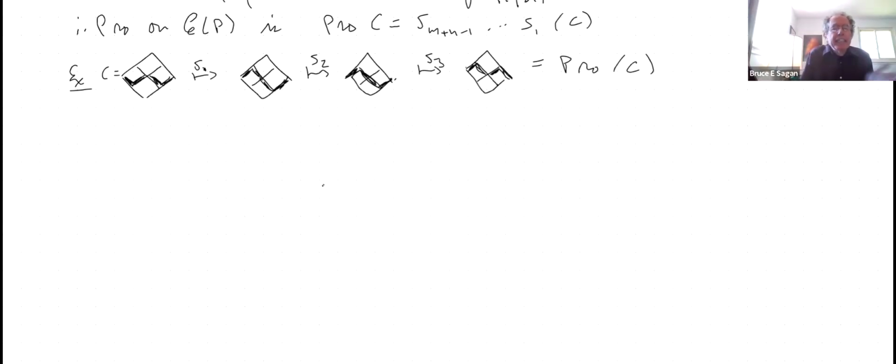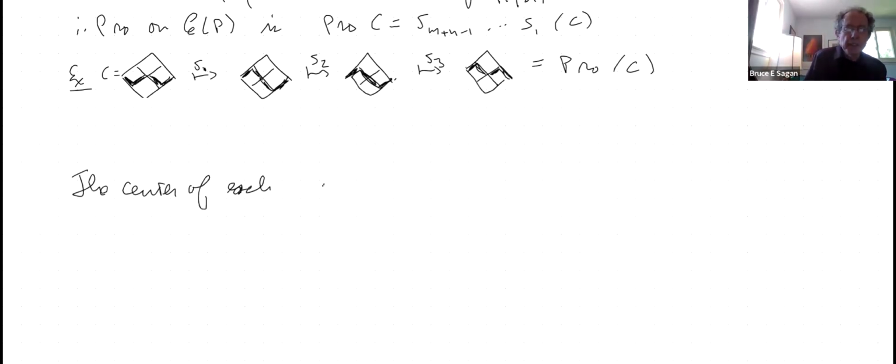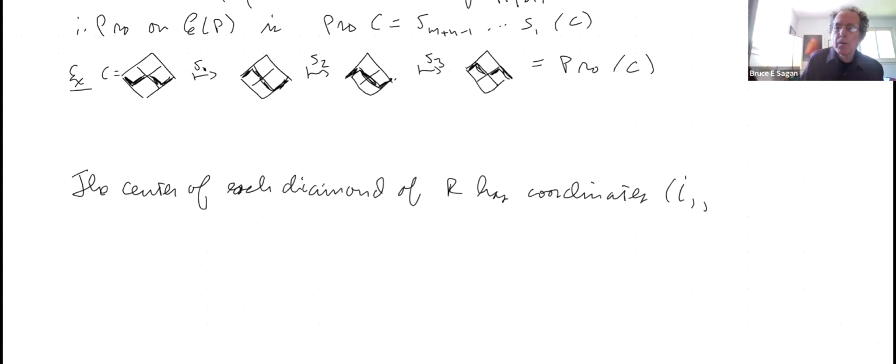Okay, so we still need to get ideals in there somewhere. Where do the ideals come from? Let me show you. Think about it. The center of each diamond, I'm thinking of these little squares as diamonds, each diamond of my rectangle has coordinates which are integral. Let's go back and look at that.